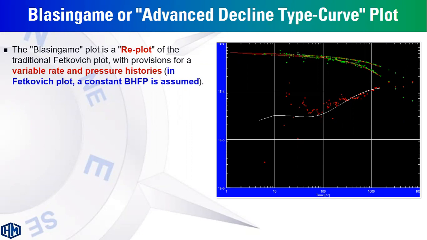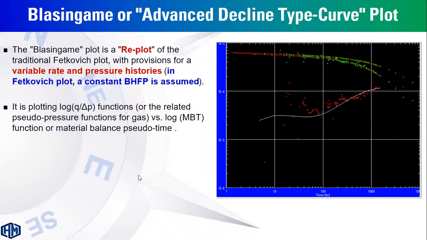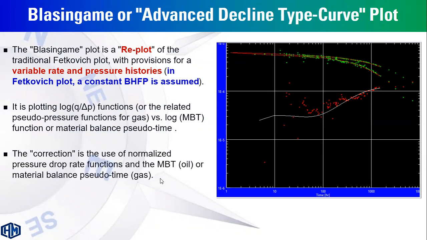If you remember, the major assumption for the Fetkovich type curve is constant bottom hole flowing pressure, but for the Blasingame plot, we have a new version of the Fetkovich type curves that considers the variable flow rate and variable pressure history. This is the Blasingame or advanced decline type curve plot.